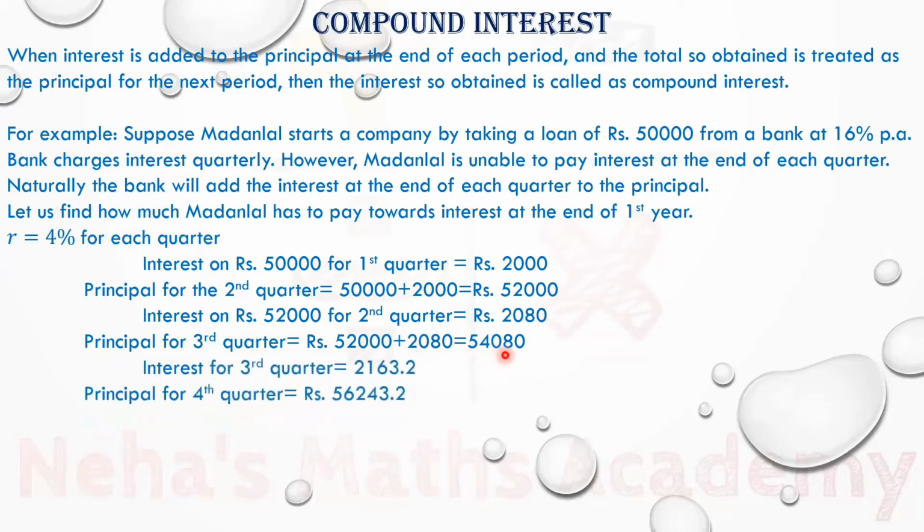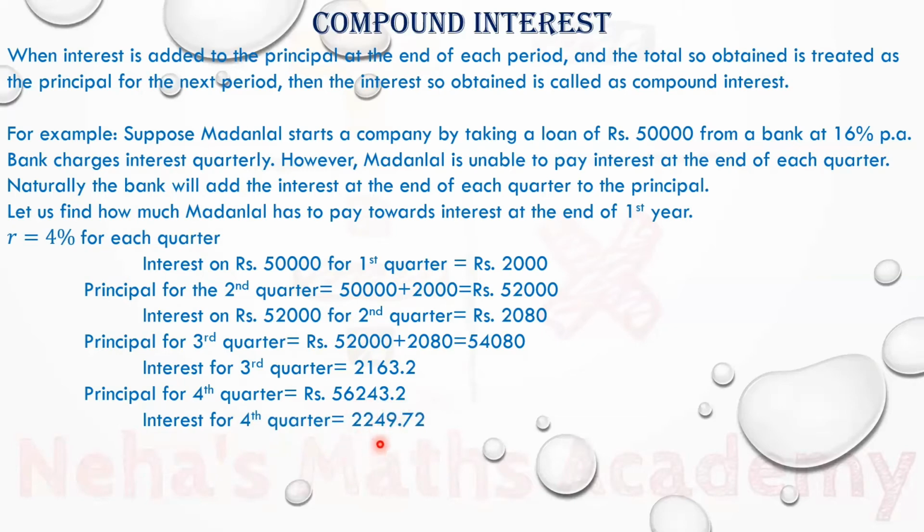And interest for third quarter is 4% of 54,080, that is 2163.2. Add it to the principal amount of third quarter. This will give us principal amount for fourth quarter, that is rupees 56,243.2. And interest for fourth quarter will be 4% of this amount.